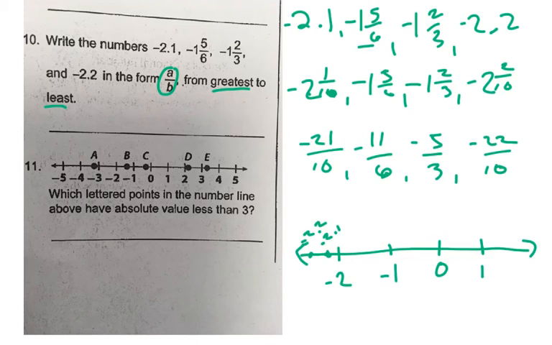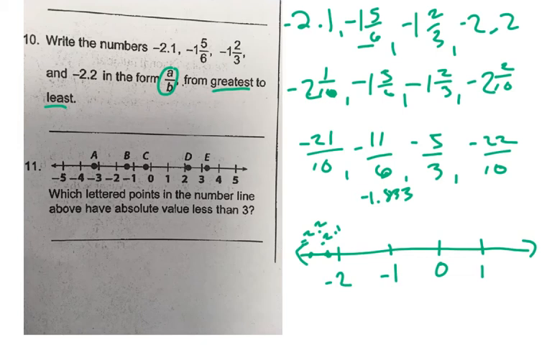So now I'm left with -1 5/6 and -1 2/3. Well, I can easily turn the fractions of my mixed numbers into decimals. Okay? So -11/6, I can even just take 11 and divide it by 6 in my calculator. And when I do that, I'm going to get -1.833, -1 and 833 thousandths.